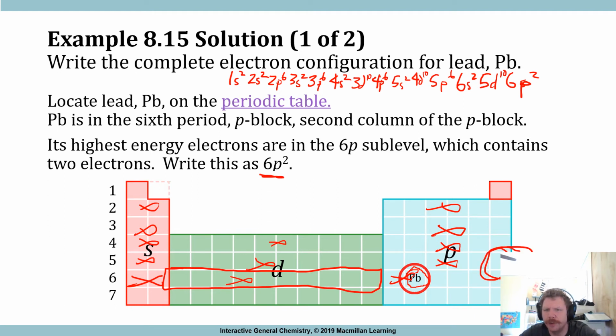It's not labeled there, but I'm going to label it. It's Xe, xenon. So you find the nearest preceding noble gas, and you bracket it. You say Xe. That's like saying use the complete electron configuration for xenon, and then fill in everything that follows.